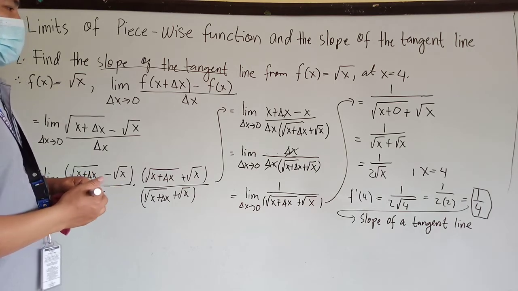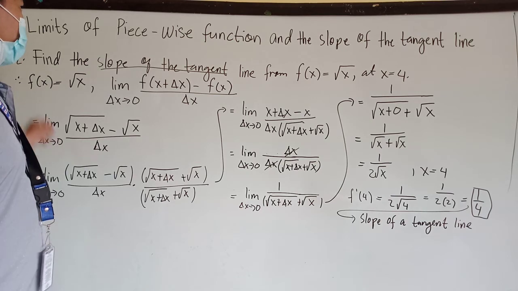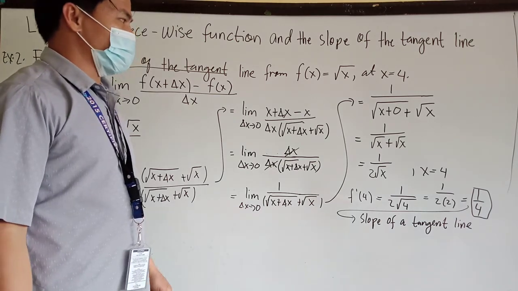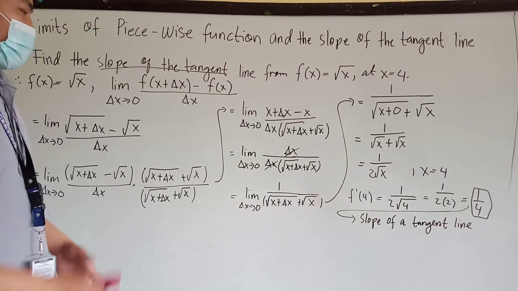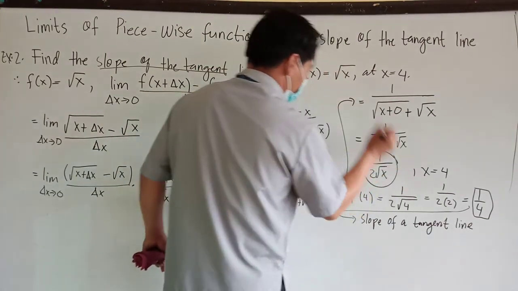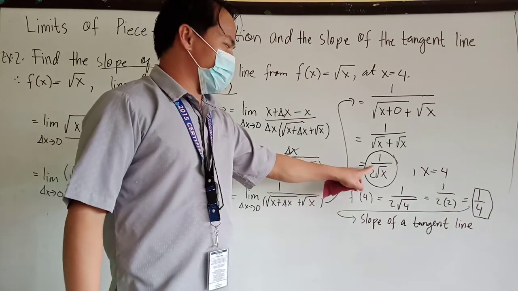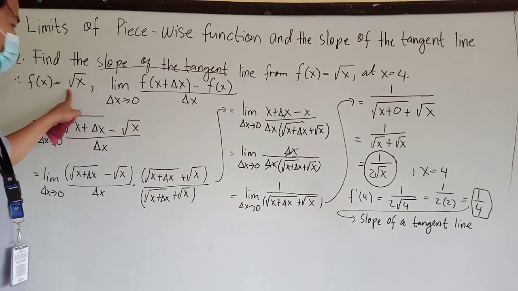I hope that this example will help you in studying the limits of the piecewise function and the concept of derivative, or the introductory part of the derivative. Actually, this answer, I will show you how to derive the derivative of the square root of x, which is 1 over 2 times the square root of x.